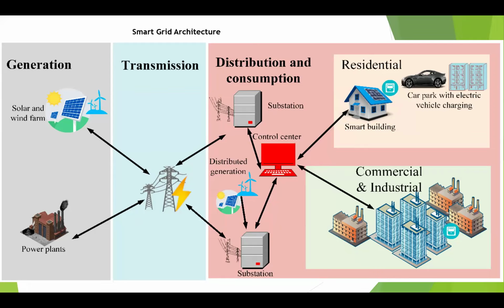Here it shows transmission, distribution, and mainly the controls. All the lines show the bidirectional distribution centers. This is the smart grid technology, and you can see the architecture of the smart grid systems.